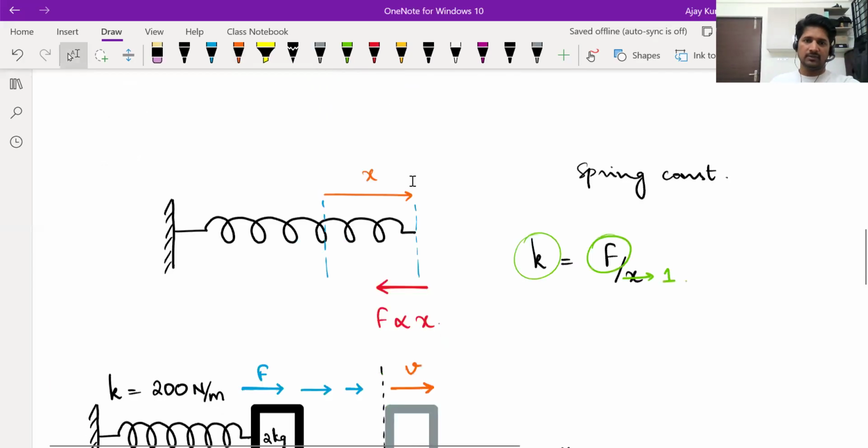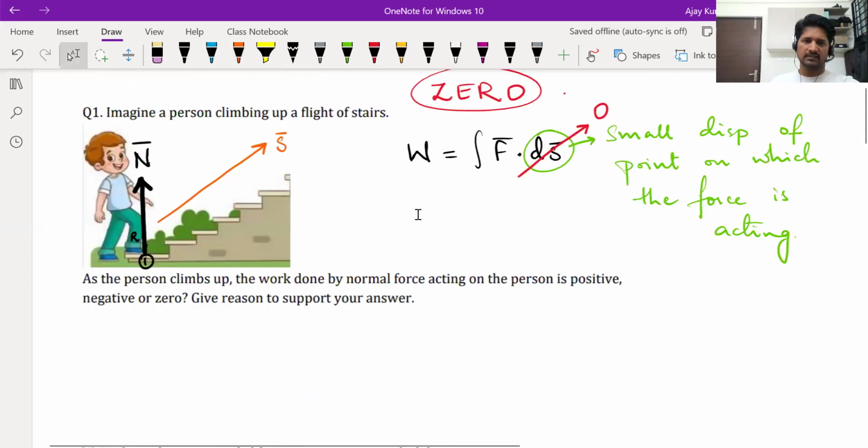Now in that person running or person climbing stairs case, the person is not a rigid body. Like our knees, the knee joint rotates. Our elbows rotate, elbow joint rotates. Our hip joints rotate. So a person is an example of a system in which different particles can move with different velocities.